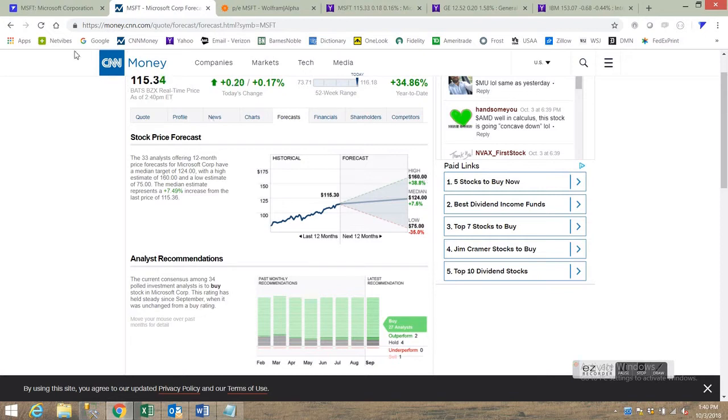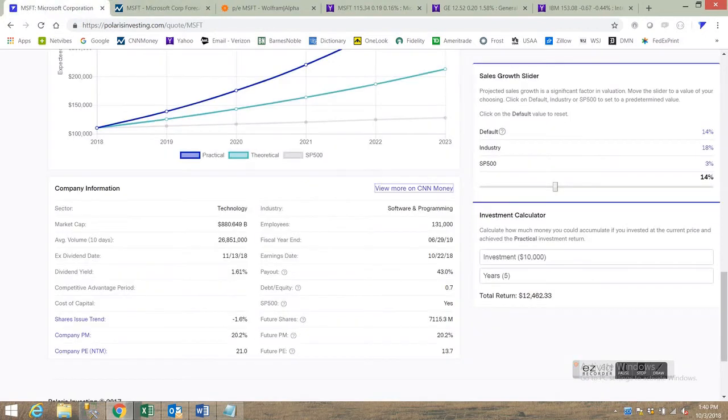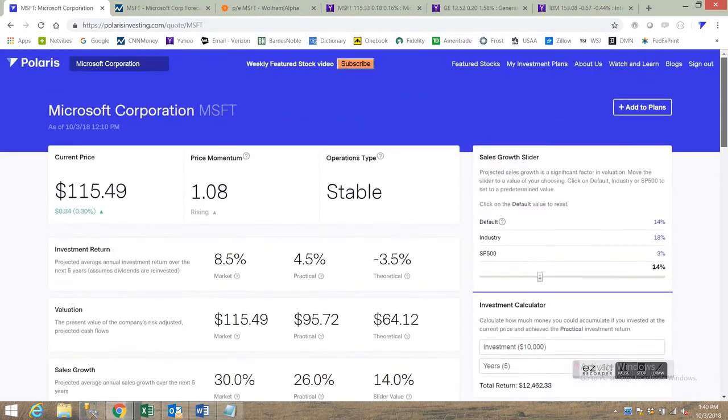But for our analysis, we're going to be a little more thoughtful, hopefully coming up with, if not a correct valuation, at least a defensible valuation. So for the first factor, sales growth, I feel like 14% is appropriate for the foreseeable future, at least for the next 5 years.